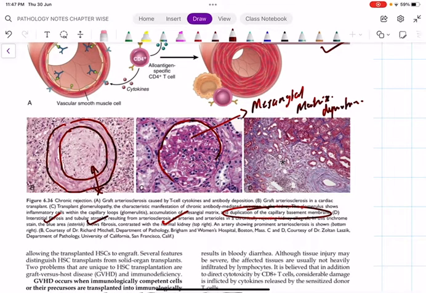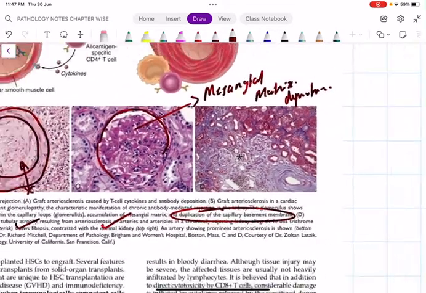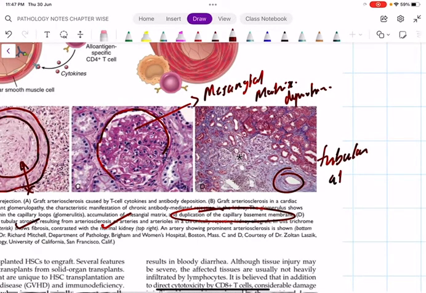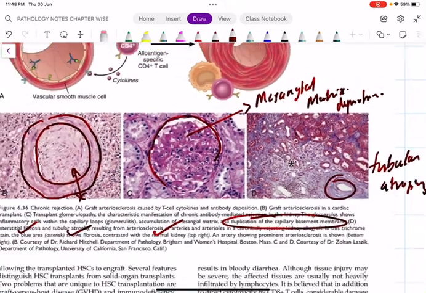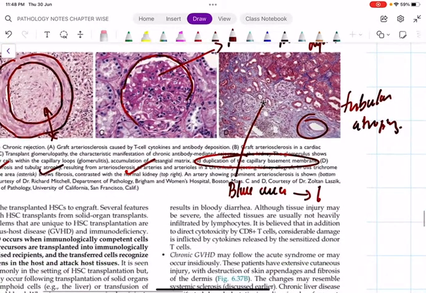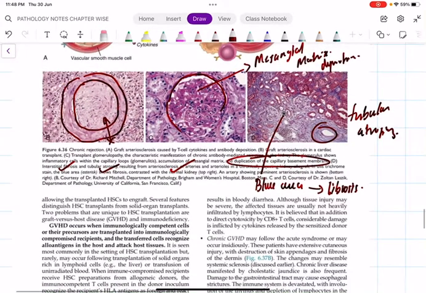Fine. Here also you can see tubular atrophy. See, this is the blue area. The blue area indicates fibrosis. I hope this is clear. Fine.